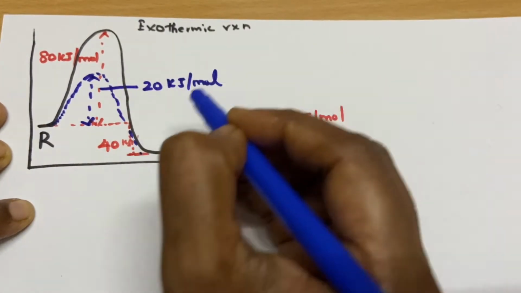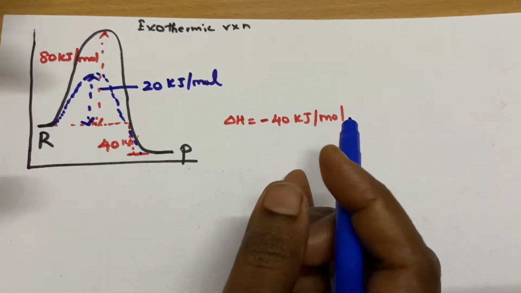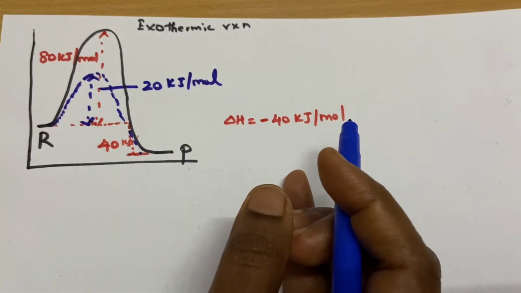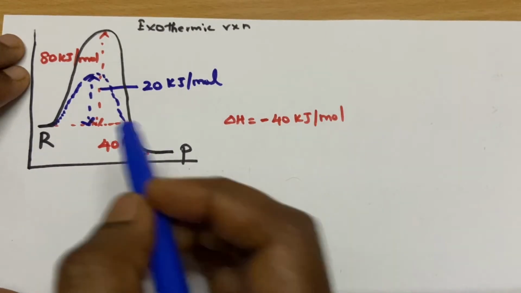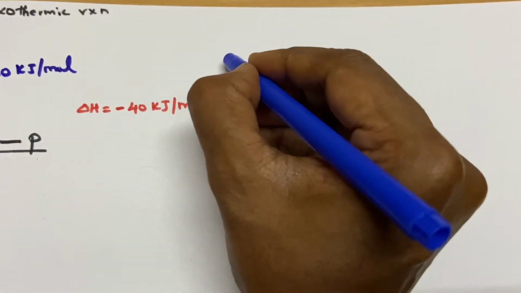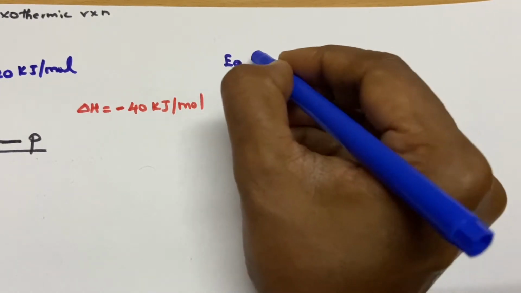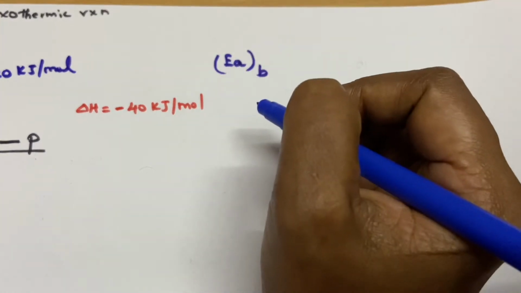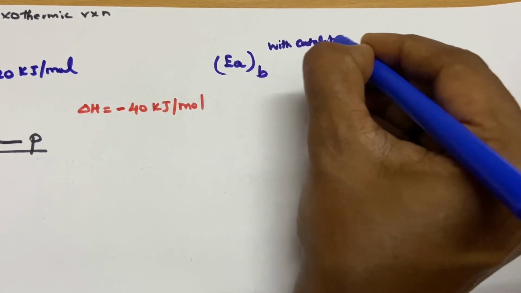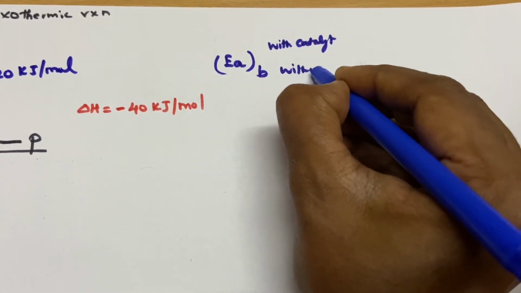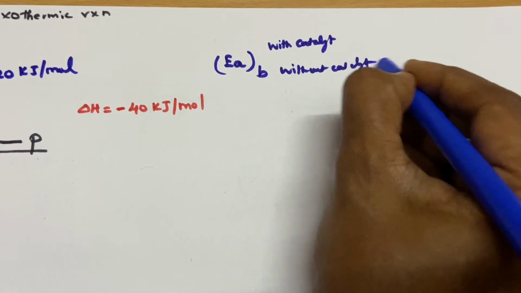So that is the action of the catalyst. If you add catalyst, the energy of activation decreases, so the reaction happens very fast. So they are asking what is the energy of activation for the backward reaction with catalyst and without catalyst. Okay, so we are going to do this.